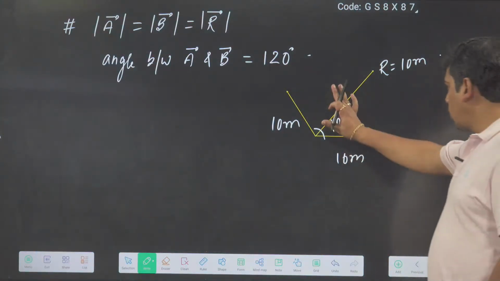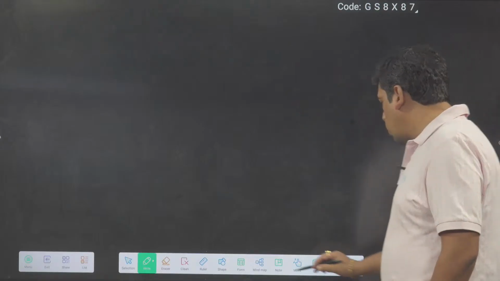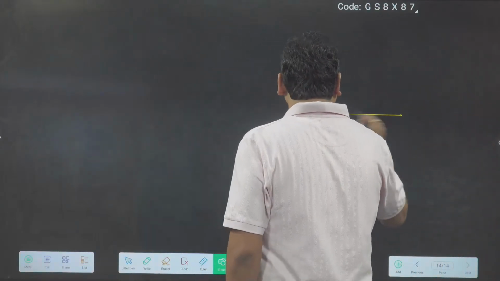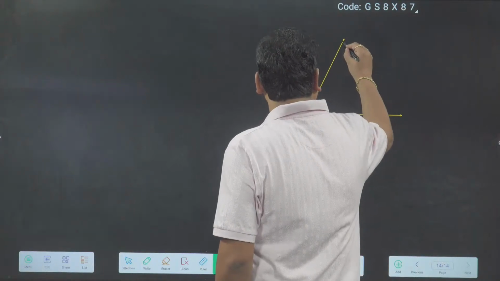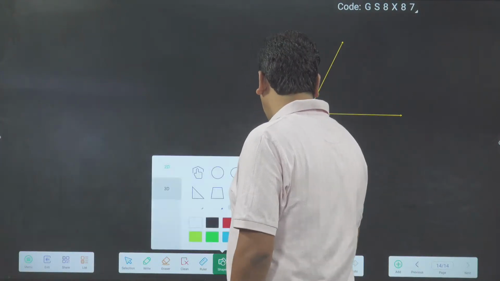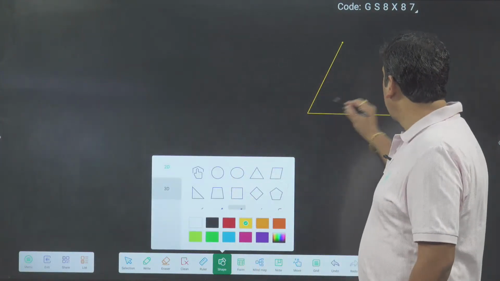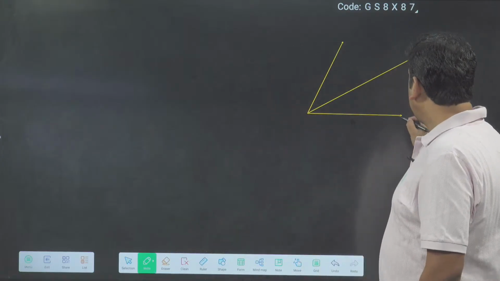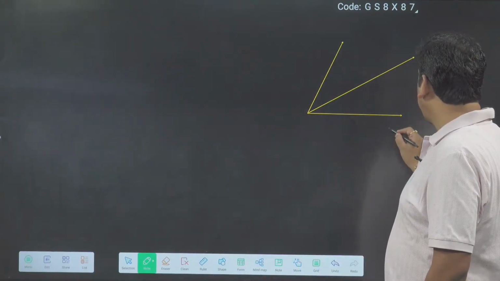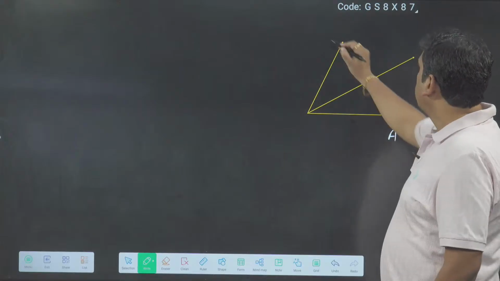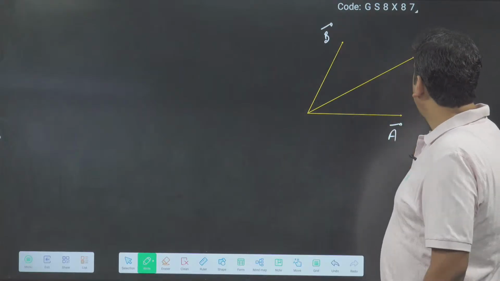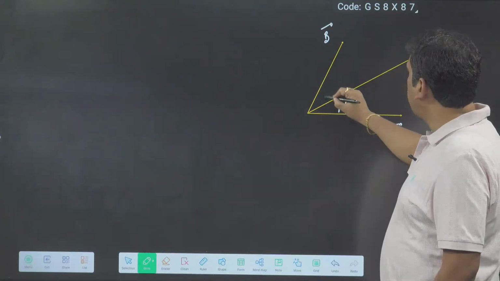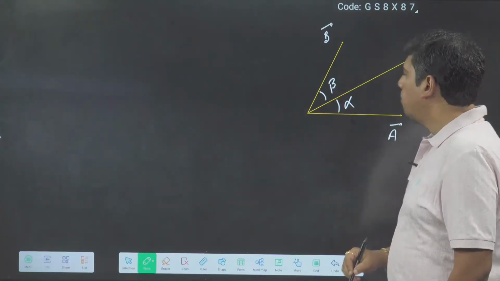Okay. Now, if this diagram is there, let me tell you one more thing. You know the parallelogram rule. If this is A vector, this is B vector, and this is R vector, it makes angle alpha with A vector and beta with B vector.